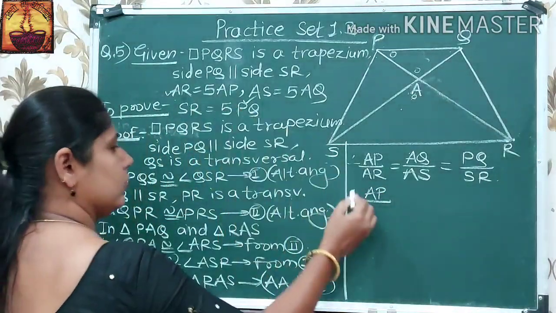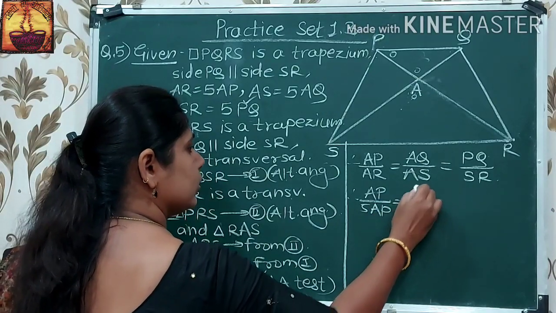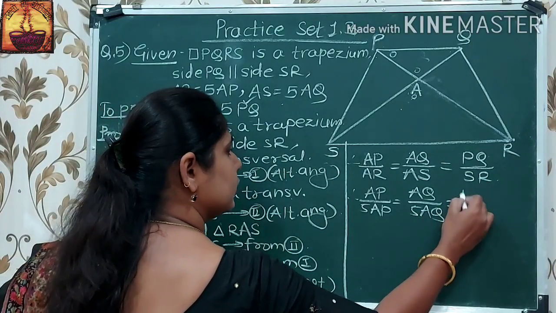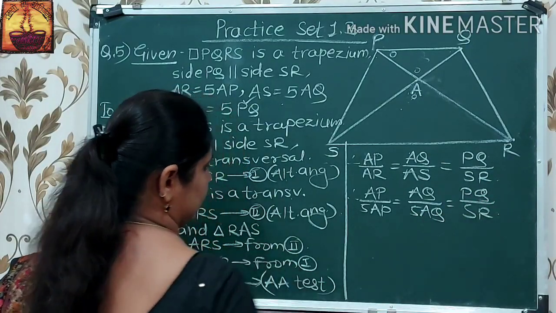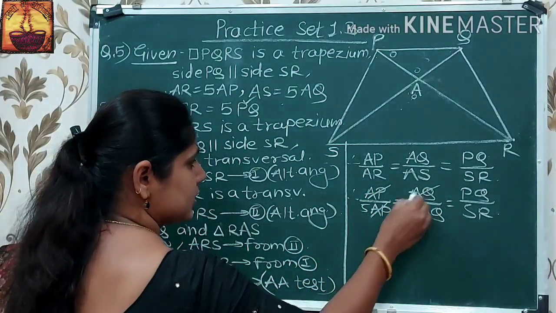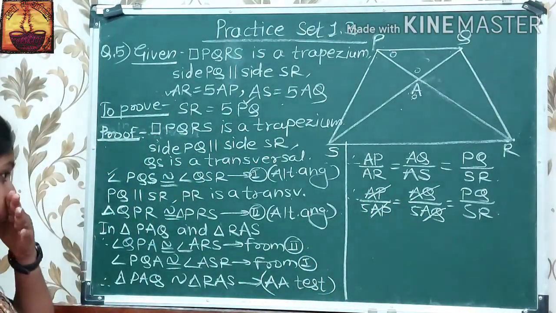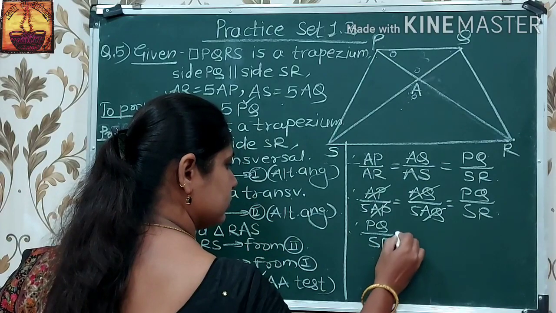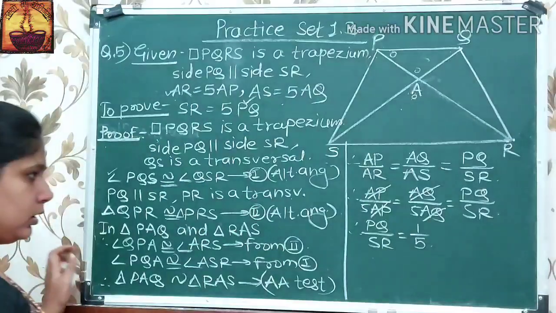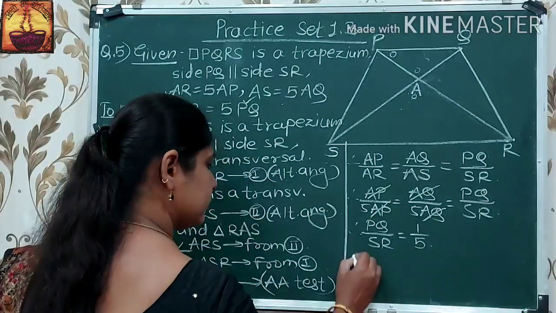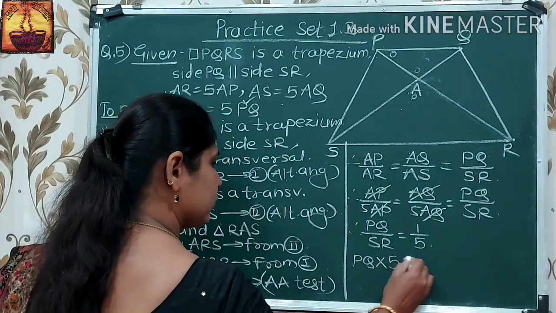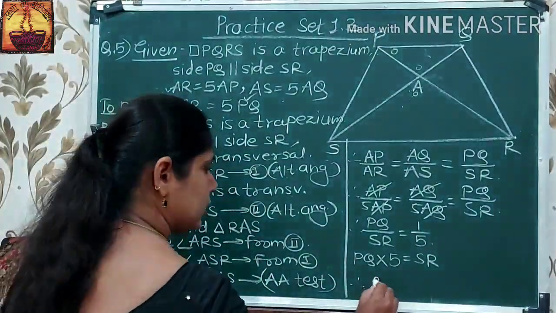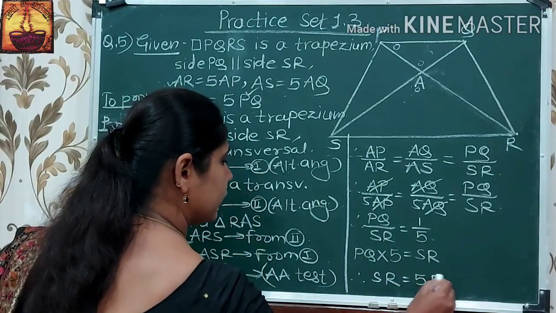AP upon 5 AP is equal to AQ upon 5 AQ is equal to PQ upon SR. Here AP gets cancelled, AQ gets cancelled. Therefore, PQ upon SR is equal to 1 upon 5. After cross multiplication, PQ into 5 is equal to SR. Hence, it is the proof. Therefore, SR is equal to 5 PQ.